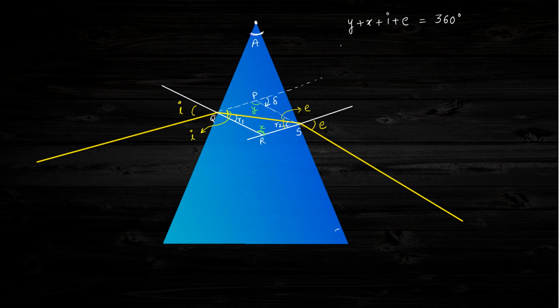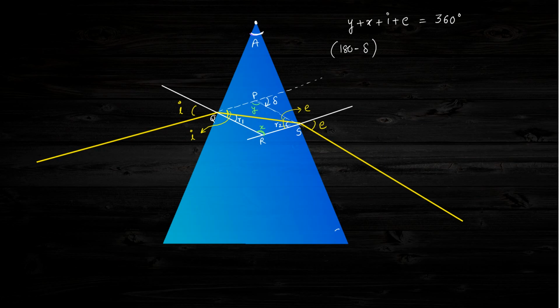Alright. So let's understand what is Y. Y is nothing but 180 minus delta. It is very apparent from the diagram that Y happens to be 180 minus delta. Now X. What is X? Now let's understand.